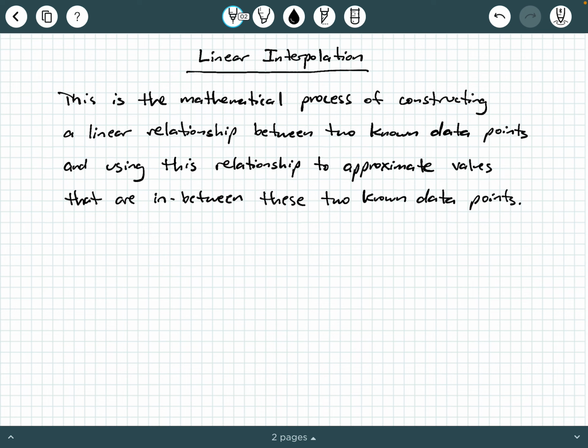Now it turns out linear interpolation is mathematically very similar.